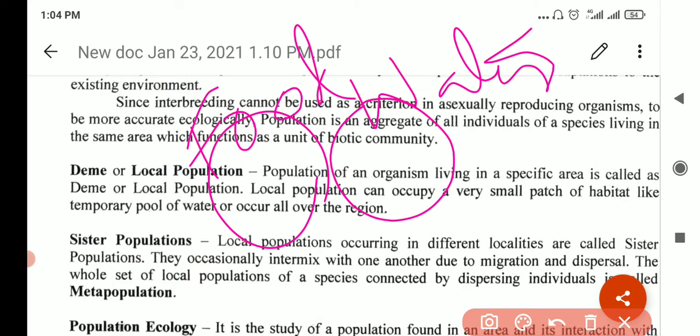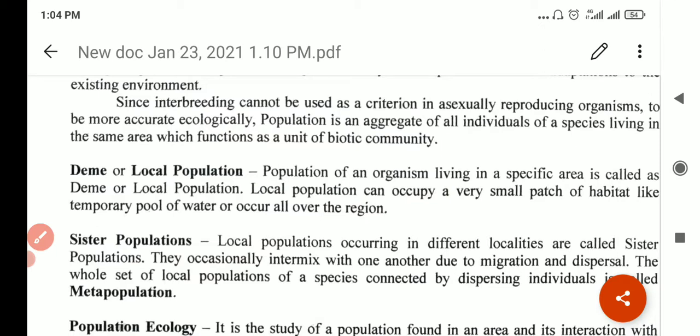There is a tiger. He is thirsty, so he comes and drinks water. Then he's hungry, he comes and eats the food here. Then he goes back, drinks water and sleeps there. So I think you understand that sister populations are very close to each other, so migration can occur.